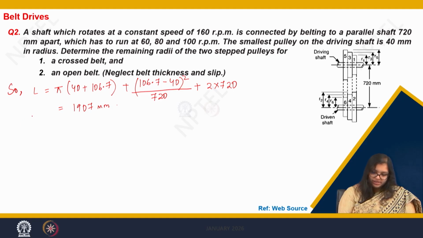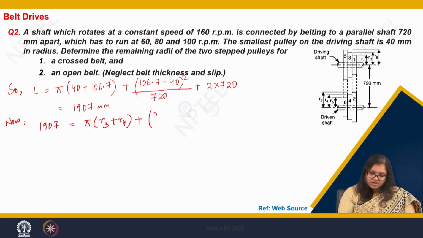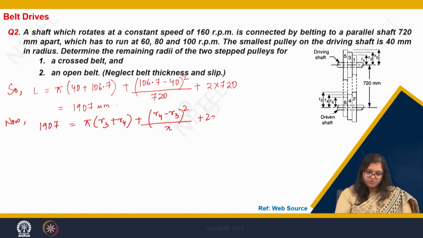So what we understand is that this length of the belt is constant even though it is meshed with any set of pulley. So this expression can now be written as 1907 is equal to pi times R3 plus R4, plus R4 minus R3 square by x, plus 2x.